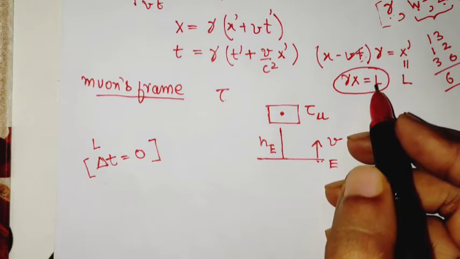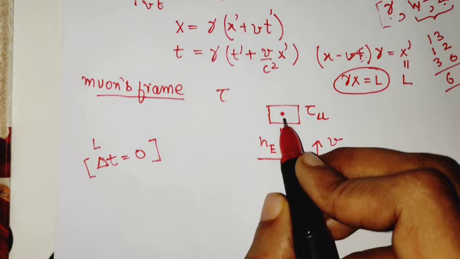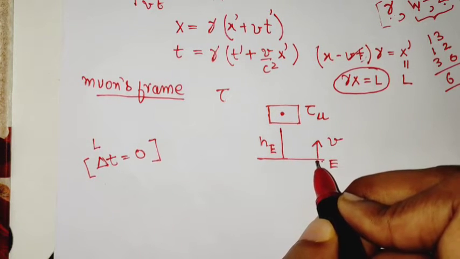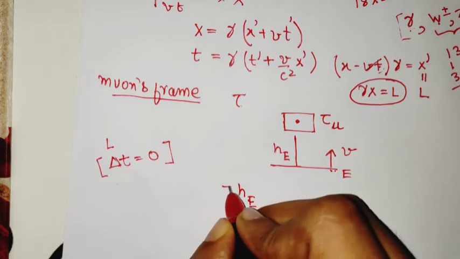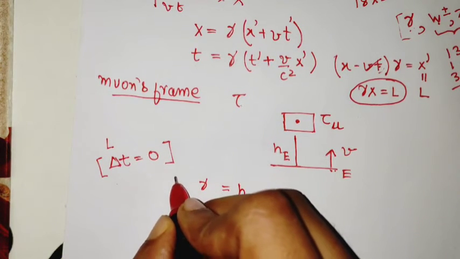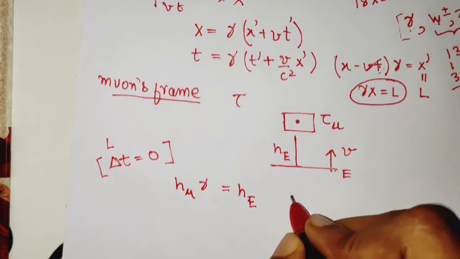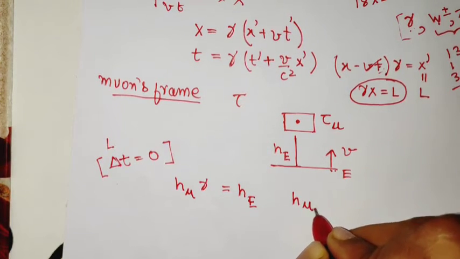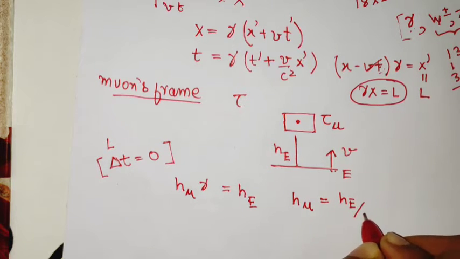L here is the length in the moving frame, and if you are in the muon's frame, the moving frame is the Earth. So we write He is equal to gamma times h in the muon's frame. This means that according to the muon, the height is He by gamma.